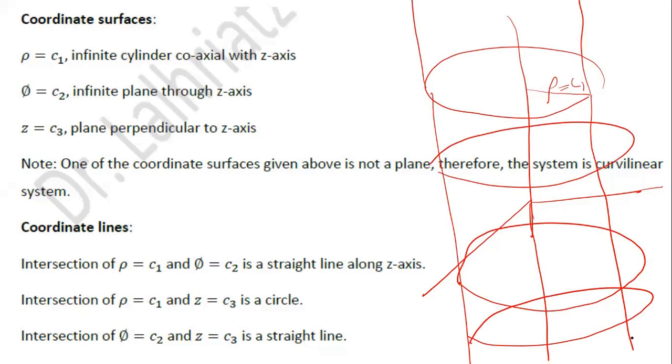So this is an infinite cylinder extending from minus infinity to plus infinity. Just consider rho equal to c1.